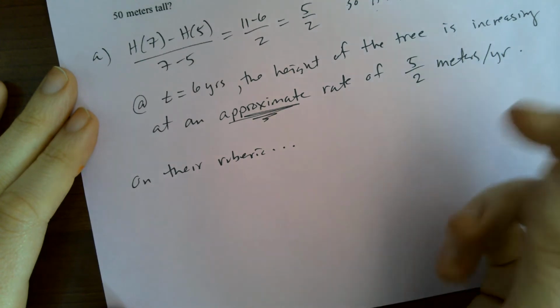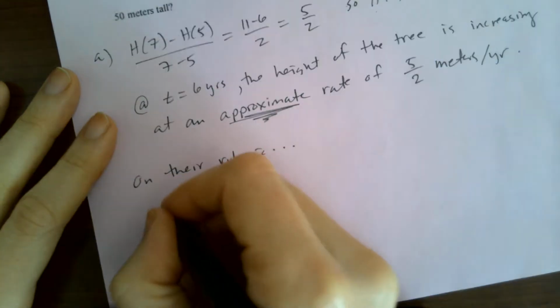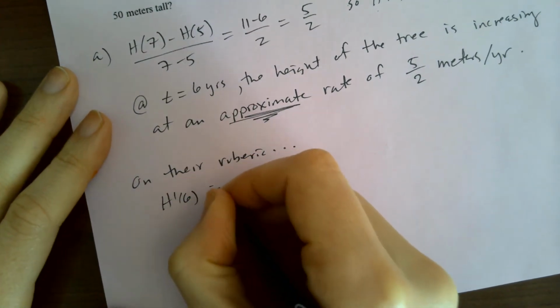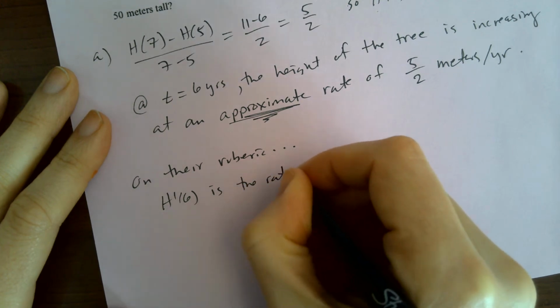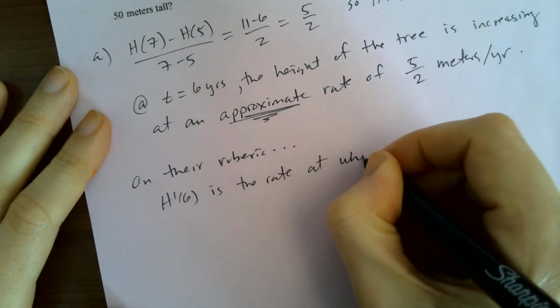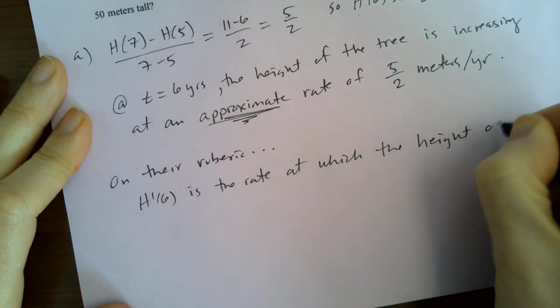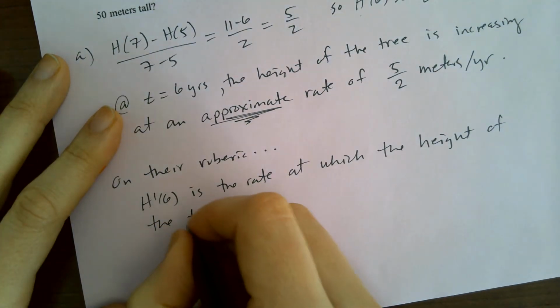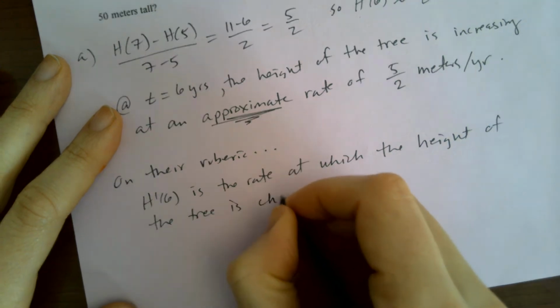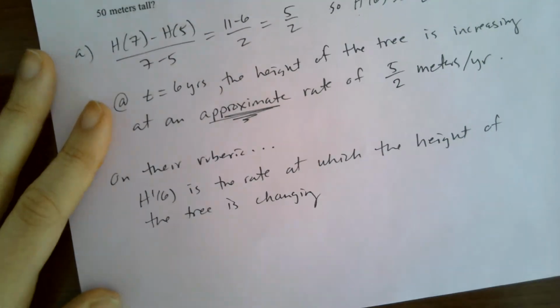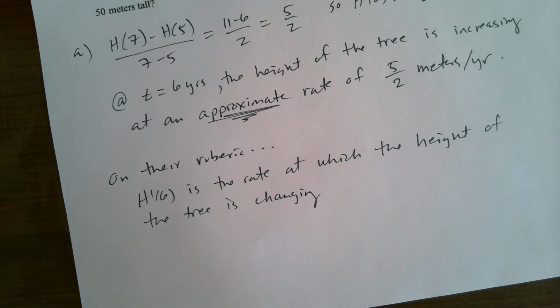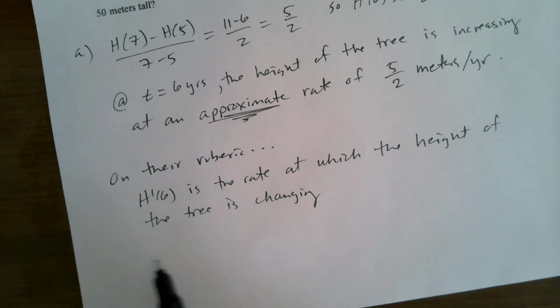They say h prime of 6 is the rate at which the height of the tree is changing. They just say changing. They don't say increasing or decreasing because they're assuming we don't know what it is, but this is what the derivative means in the context of this problem.